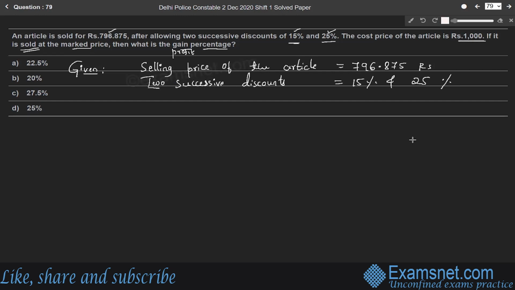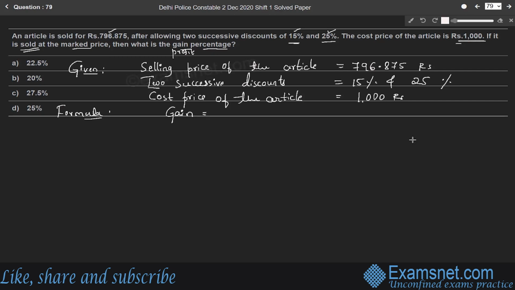So next is the cost price of the article is 1000 rupees. Cost price of the article is equal to 1000 rupees. So here we are using the formula of gain or profit, right? So what is asked here?